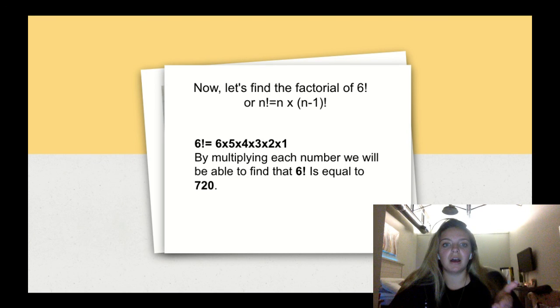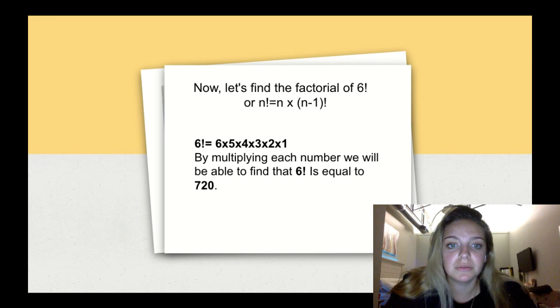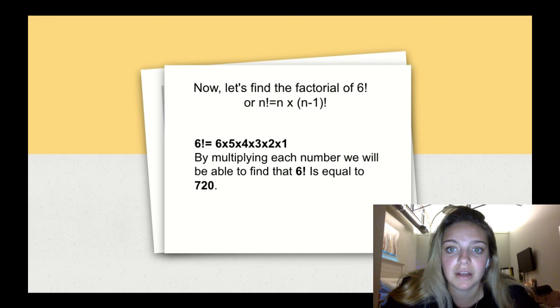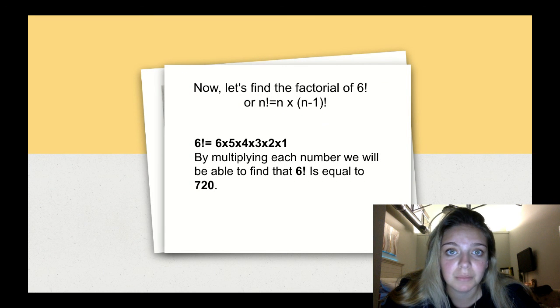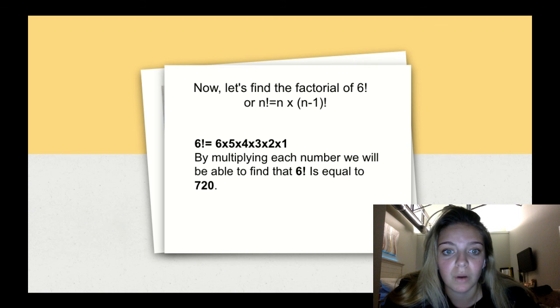The difference between finding the factorial of 5 and 6 is almost a 600 point difference. When we are finding the factorial of 5, that would actually be 120. So you can see how fast it grows just by that one number above, by 600.